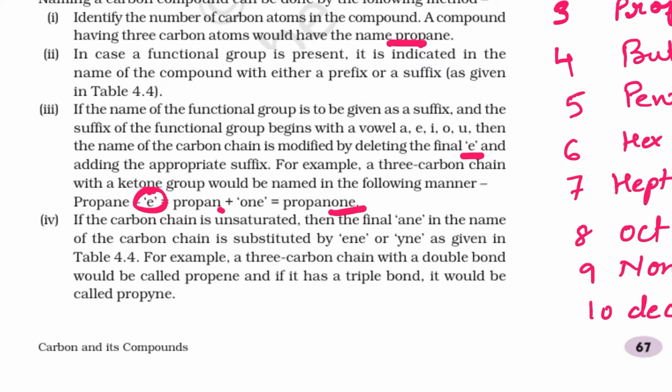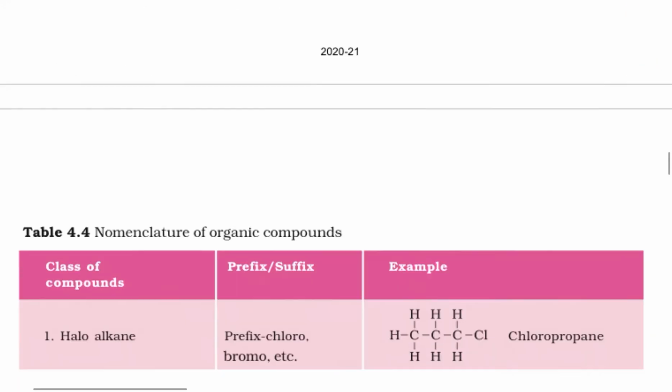And if the carbon chain is unsaturated, then the final AN in the name of the carbon chain is substituted by EN or YN as given in the table. For example, the 3 carbon chain with a double bond can be called propene, and if it is a triple bond, we would call it propyne.